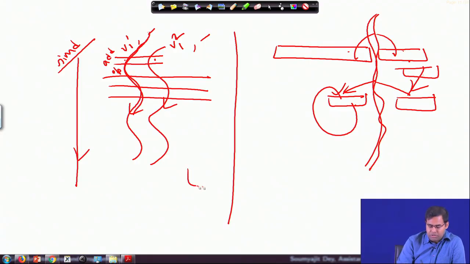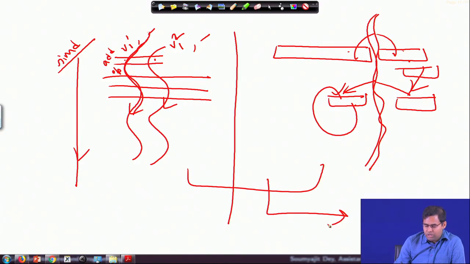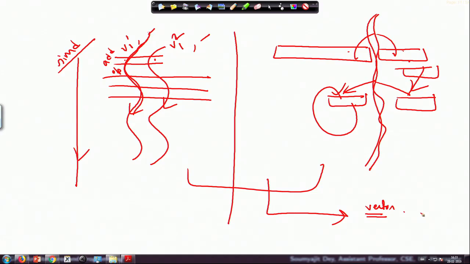But both of these pictures at the instruction level map to a scenario where I have a vector instruction doing computation for different data points belonging to these different threads, followed by another vector instruction doing some other computation for this same set of threads, and they are overall making some progress.